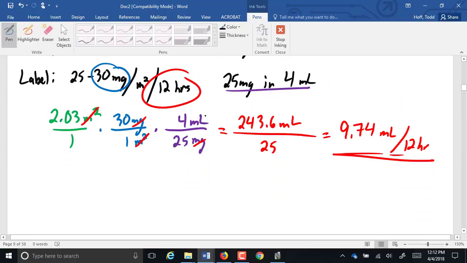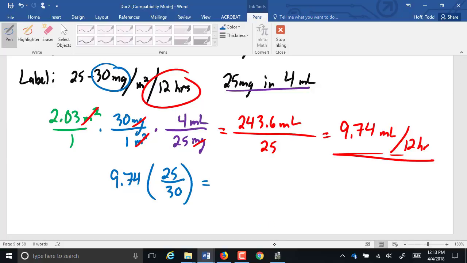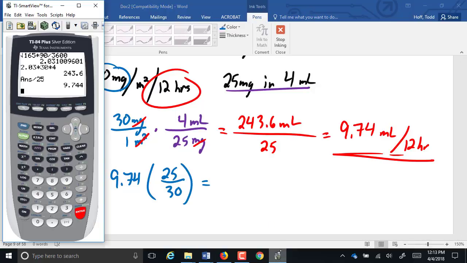We need to find the minimum amount there then. We're going to titrate that. 9.74 milliliters every 12 hours is the maximum. That was calculated on the 30 milligrams per kilogram. So let's find it for the 25 milligrams per meter squared. 9.74, we'll multiply times 25 and divide it by 30.